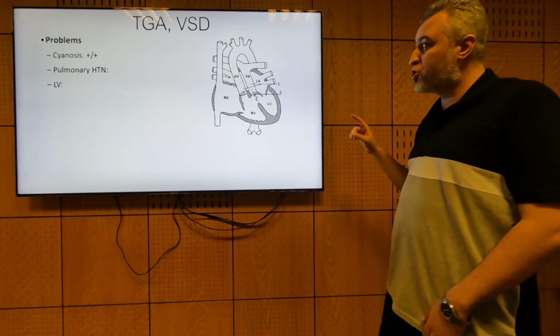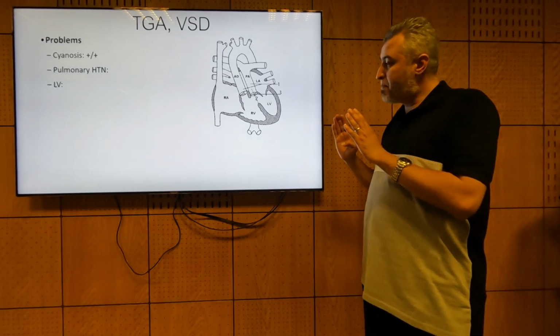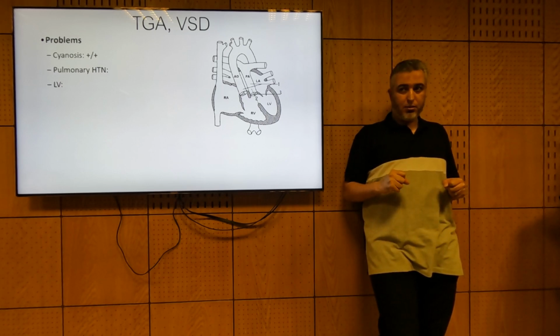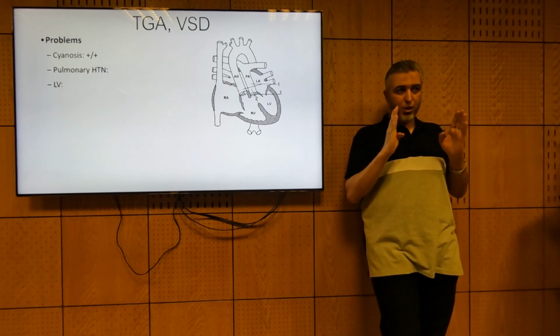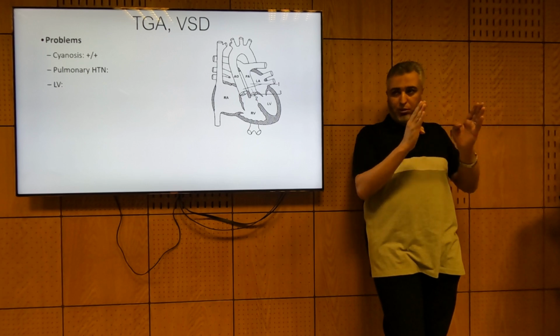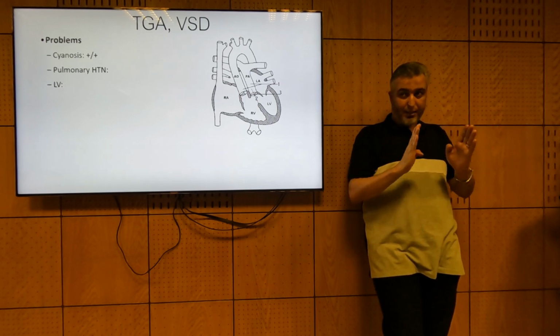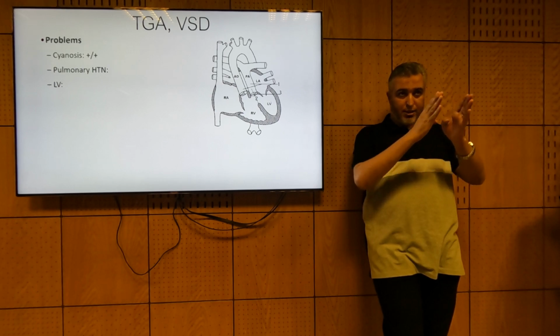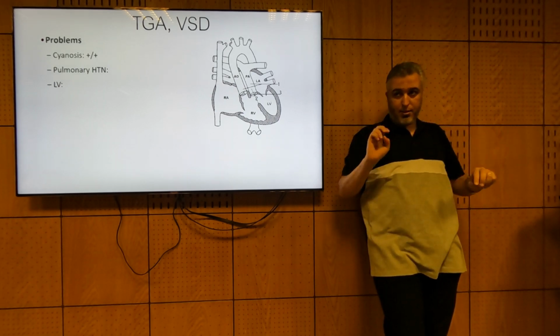But on the other hand, some patients will have a really big effect of streaming. Streaming is when you have two streams of blood that are not physically separated, but then they eventually separate with different characteristics.